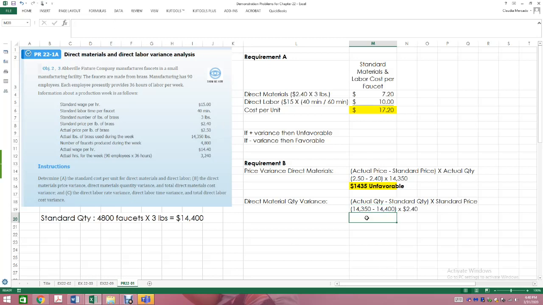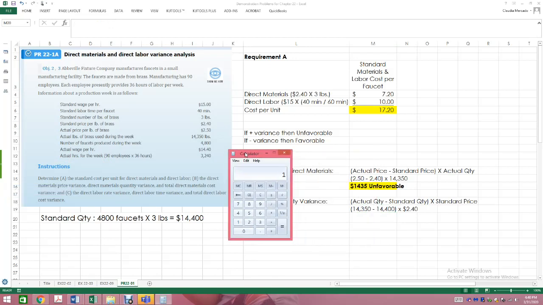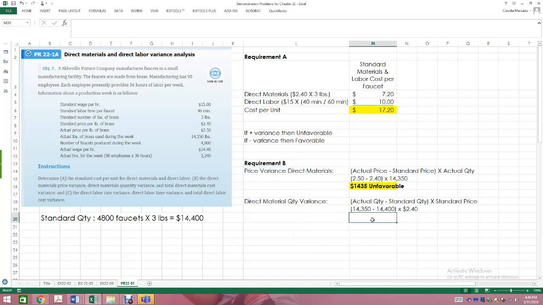Okay, so let's put that into our calculator, and let's see what we get. We have 14,350 minus 14,400 times 240. That's negative 120. Okay? If we have a negative variance, then that is favorable.